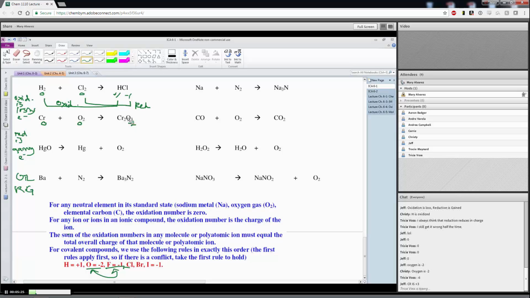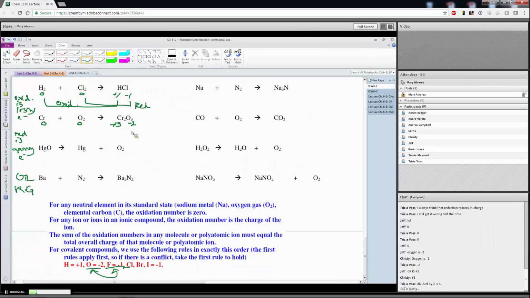So total charge contribution from the positive ions of +6, there are 2 chromium, so each one must be, as Jeff and Christy noted, +3. Perfect. So the oxidation number of chromium then is +3, and the oxidation number of oxygen is -2.